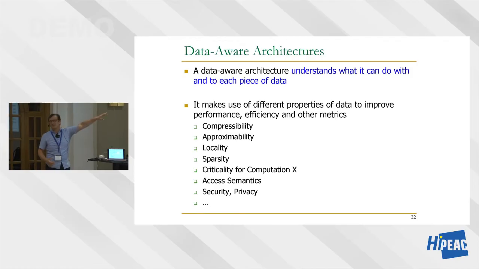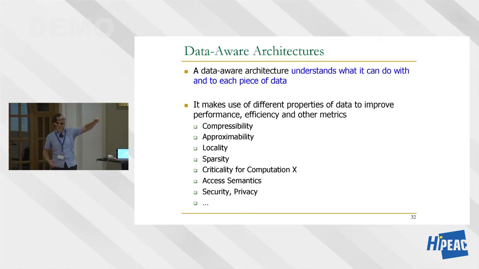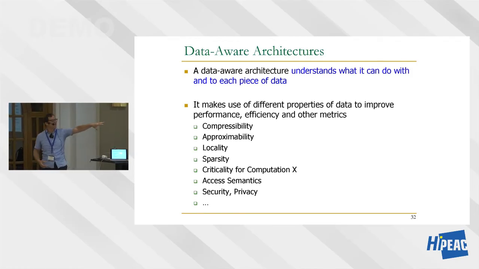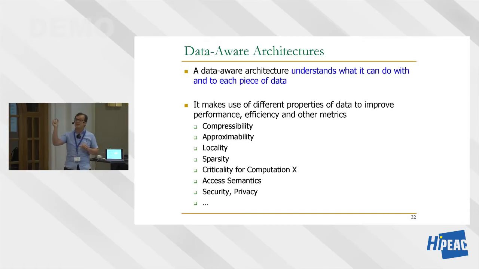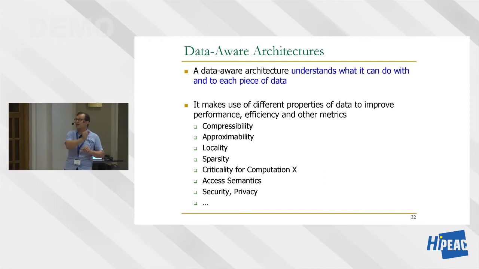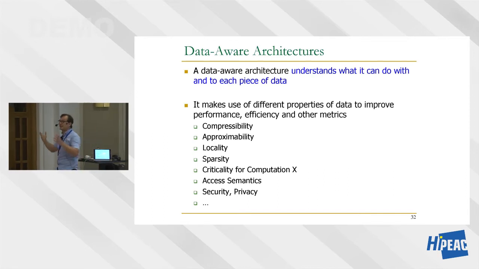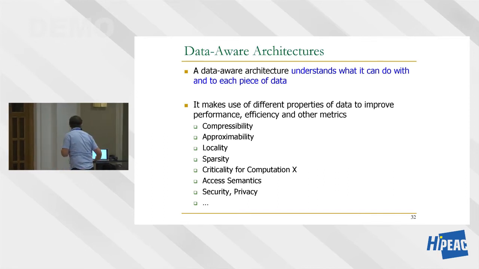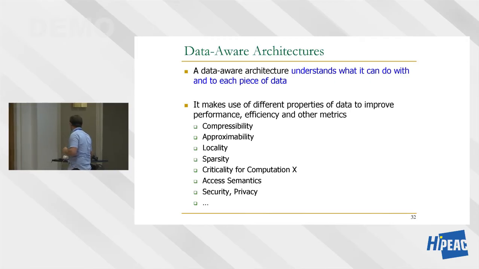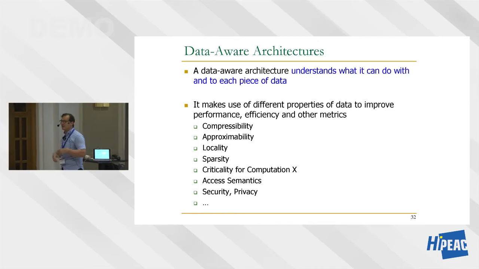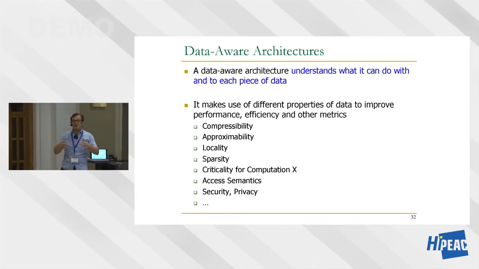Data has different compressibility, approximability, locality, and sparsity characteristics, and criticality characteristics in terms of how critical this particular piece of data is to the accuracy of your computation, or even the finishing of your computation. It has access semantics. It has security and privacy characteristics also. So if you can somehow communicate this information to the underlying hardware, then you can actually make much better decisions.